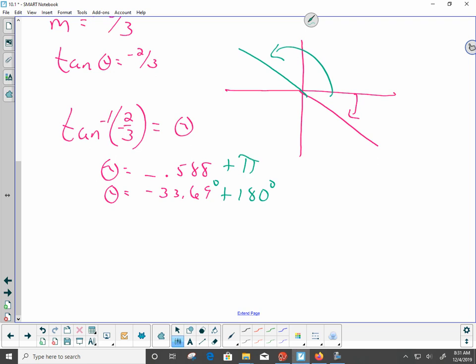Pi. So if I have a negative slope, I'm going to have to add pi or add 180 degrees to adjust it so that my angle is an obtuse angle. Add 180 to the degrees, add pi to the radians.